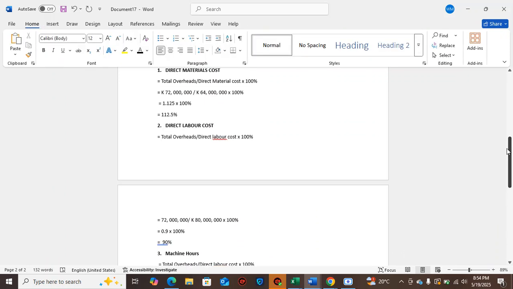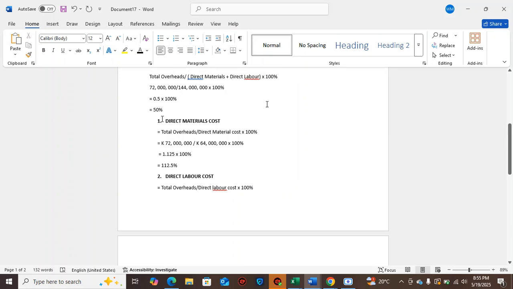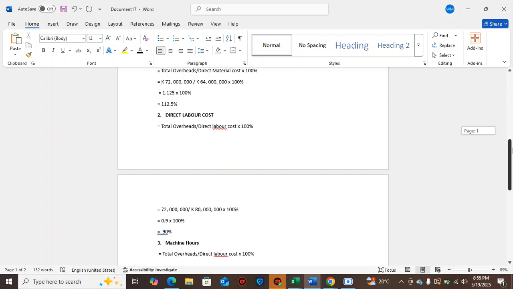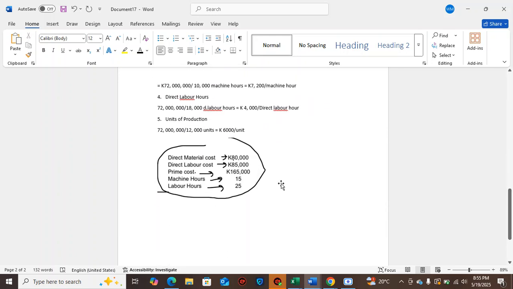Since we start with direct materials cost, our absorption rate was 112.5%. We're just getting our absorbed overheads.